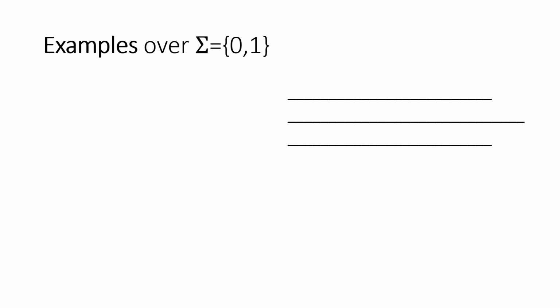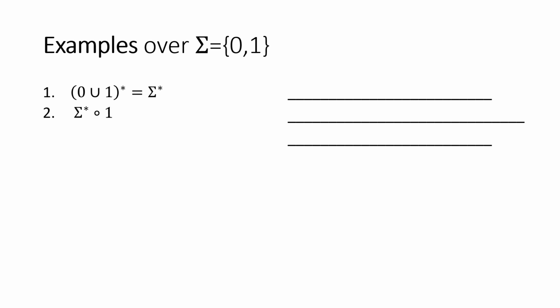Let's look at 3 examples of regular expressions and then describe what they are using words. So 1, I have (0 union 1) to the star, which is equal to sigma star when sigma is {0, 1}.